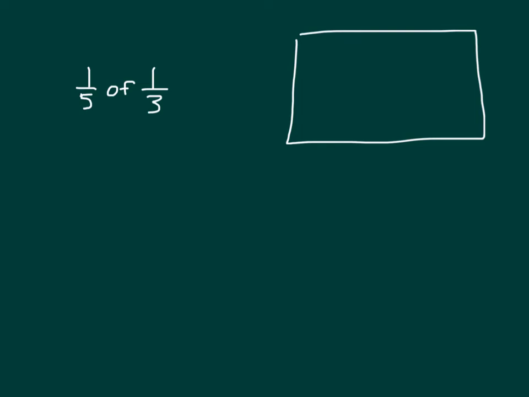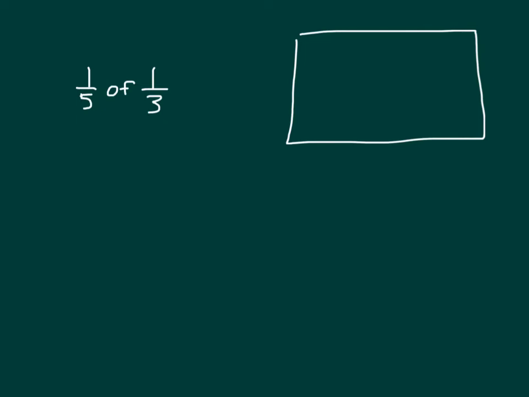Here I have 1/5 of 1/3, and I will draw an area model to show my thinking. So it's actually saying I should take 1/5 of 1/3. So I should start with 1/3 first.